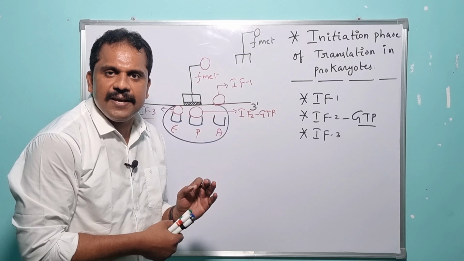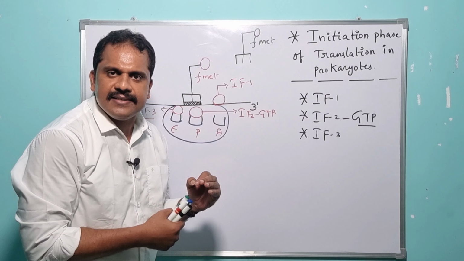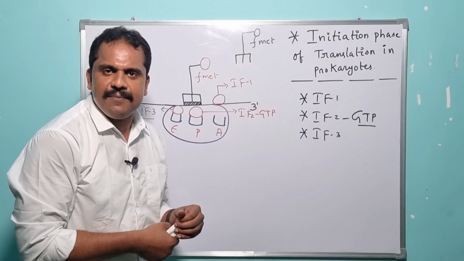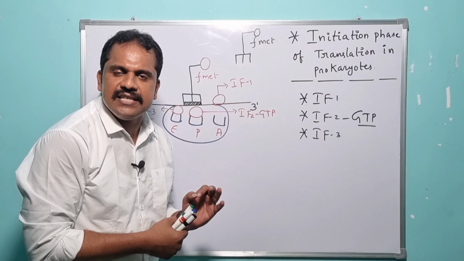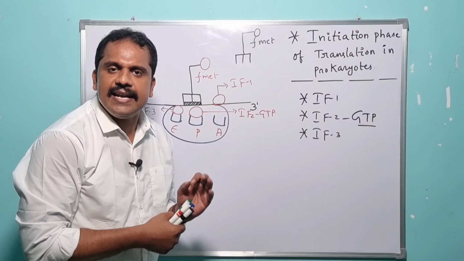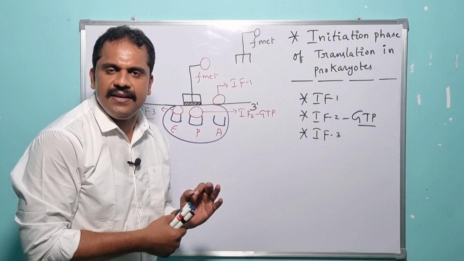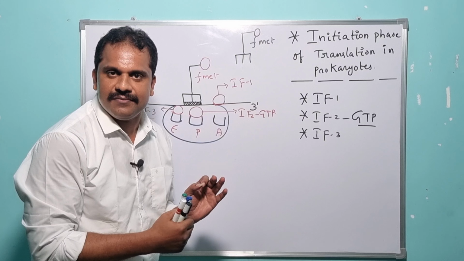So that is the reason why, once the initiator tRNA with its encoding amino acid has been recruited to the P site of the ribosome, initiation factor 2 in association with GTP undergoes hydrolysis, and initiation factor 2 in association with GDP is successfully dissociated from the P site of the ribosome.